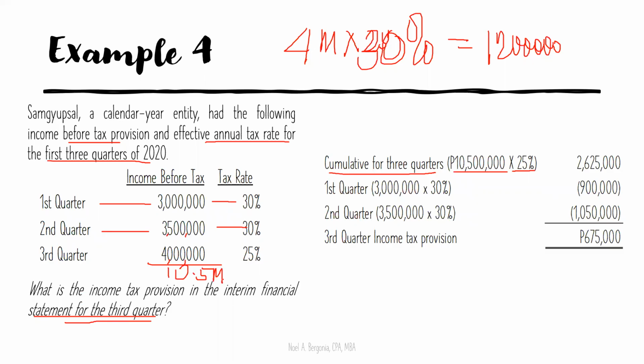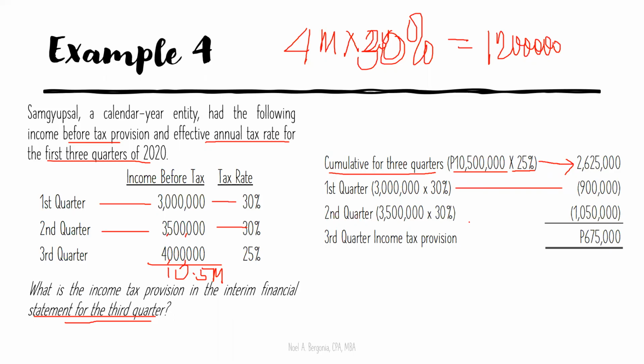So we take an overall perspective again. Updating the tax rate, our tax provision should be 2,625,000. But in the first quarter, you have already recognized 900,000.